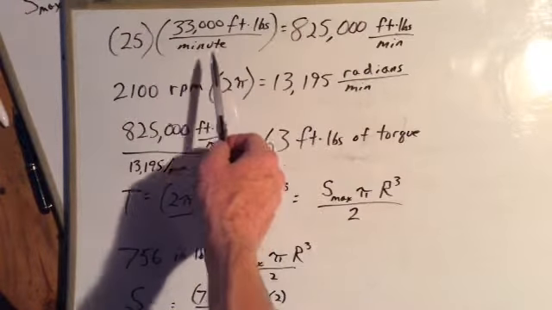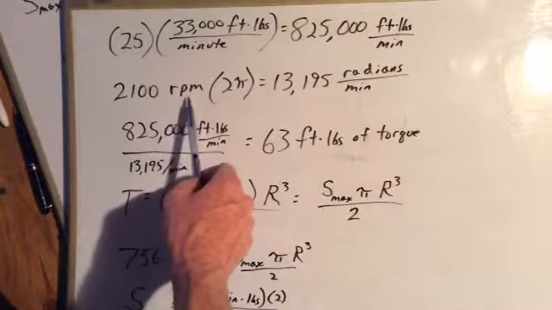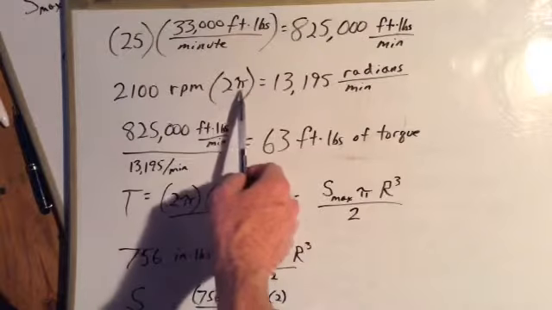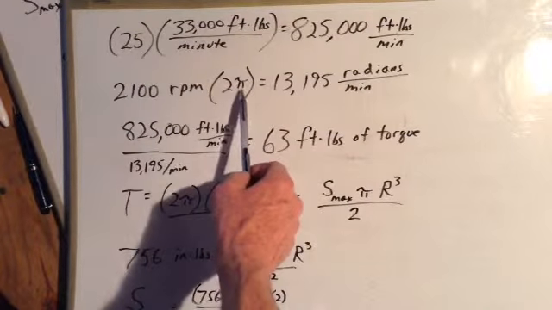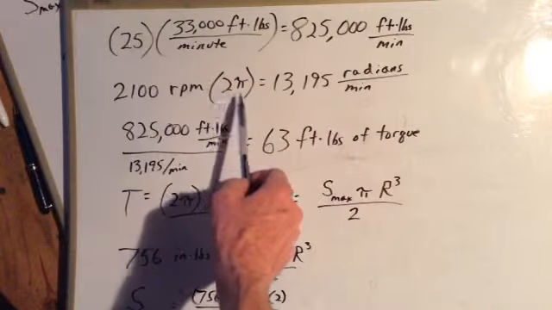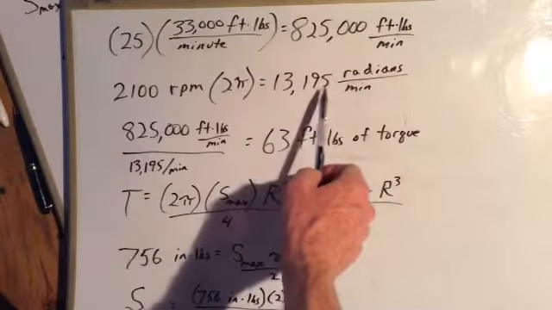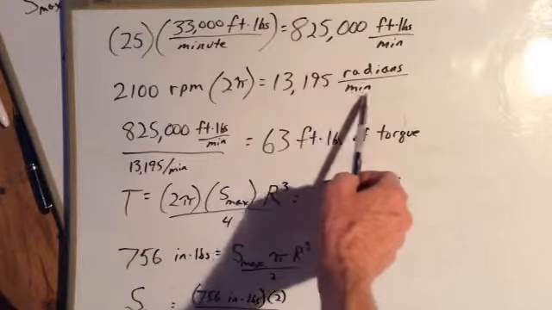Our propeller is turning 2100 revolutions per minute. There are 2 pi radians in a revolution, so that times that gives us 13,195 radians per minute. That's our rotational angular velocity.